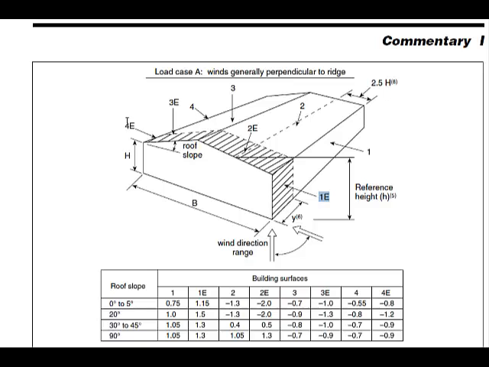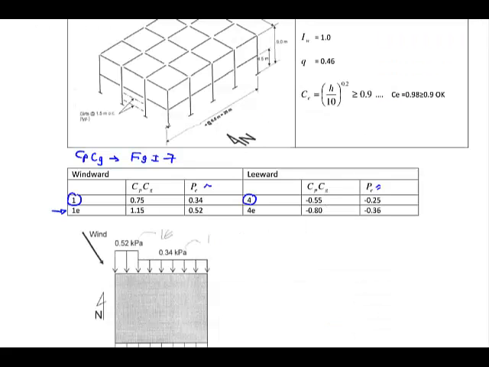So this region here, 1E and 4E, is going to have extra load. So if you look here, instead of 0.75, we're going to have a 1.15 value. And for region 4E, instead of minus 0.5, it's minus 0.8. Okay, so you need to use these. So that's what I included in the table. This is the N region in the windward side and the N region in the leeward side. And you can find the pressure for that.